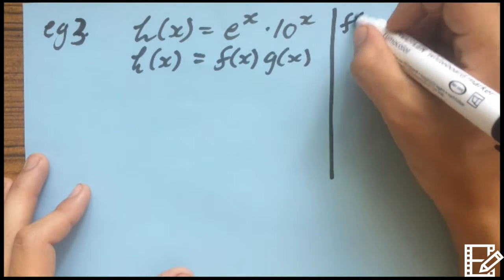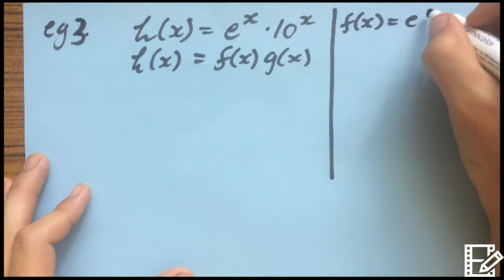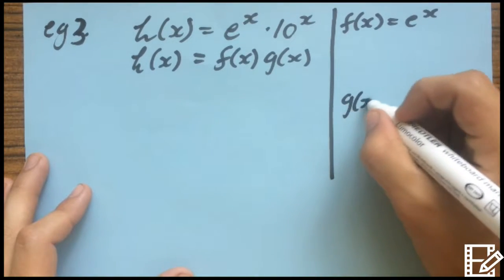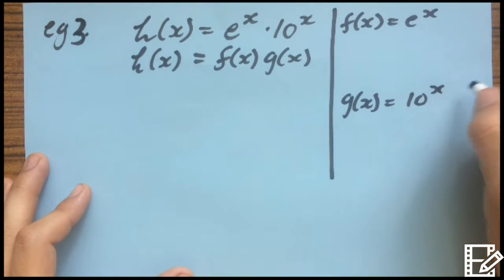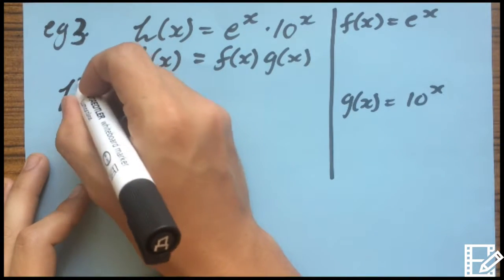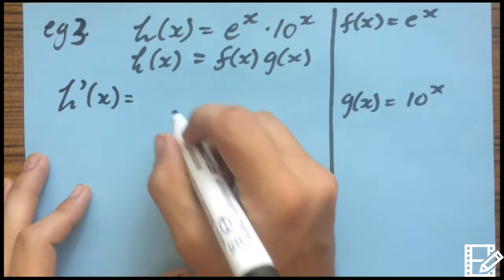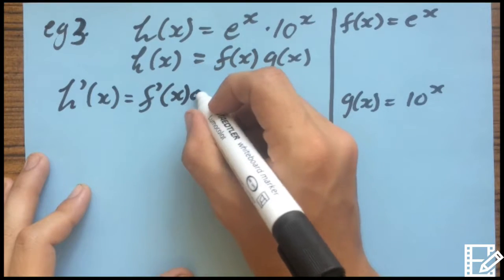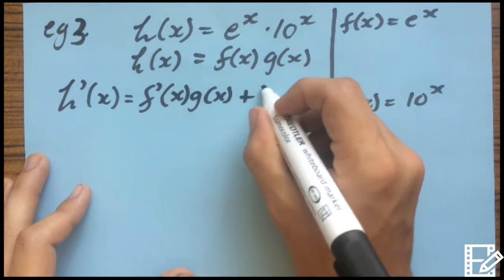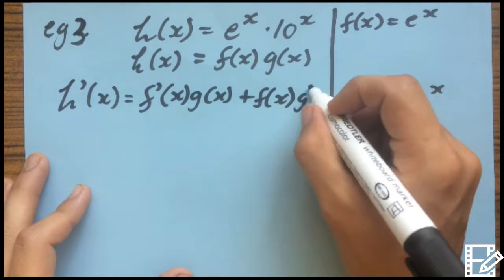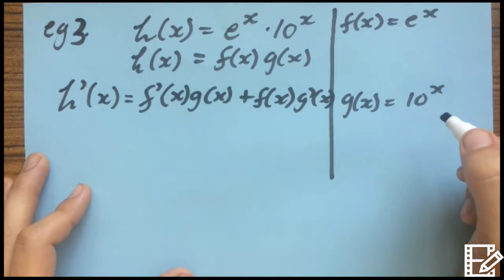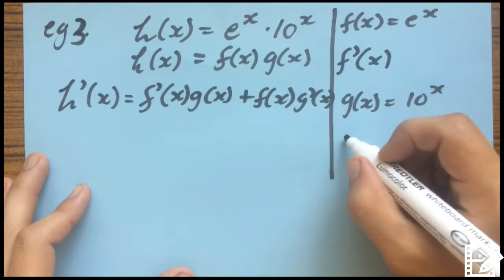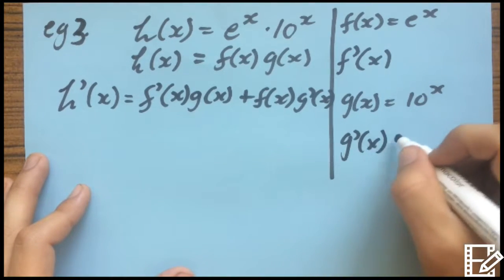If we separate the page and label them, we get e to the power of x is f(x), and for g(x) we get 10 to the power of x. The derivative of h(x) is the derivative of f(x) multiplied by g(x) plus f(x) multiplied by the derivative of g(x). Therefore, in order to complete that, we need the derivative of f(x) and the derivative of g(x).